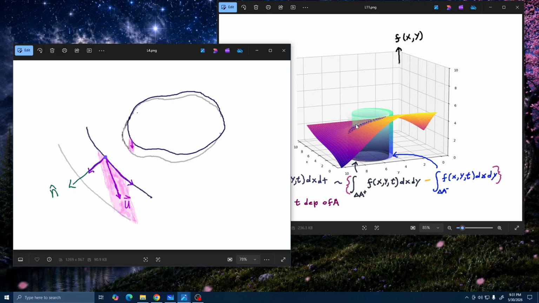So the function at that point is going to be multiplied by that little slice of area that is determined by the velocity field going outwards across this little sliver right there on the surface. So to do this, there's the velocity field, and n hat is defined as the normal to the velocity field.